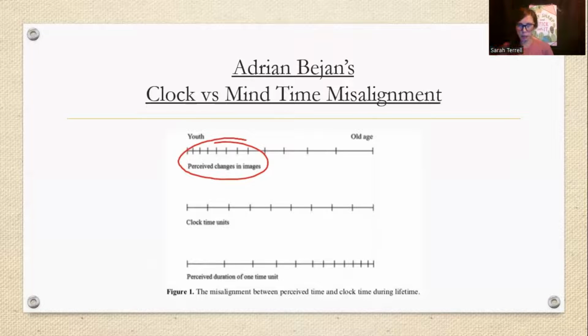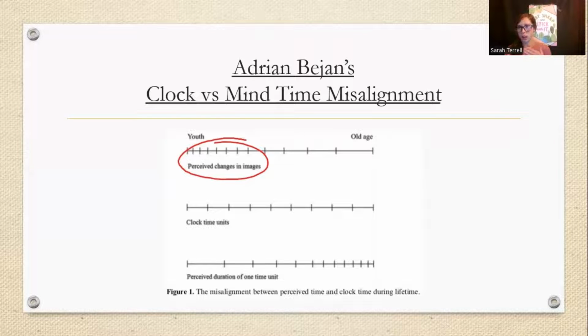What Adrian Bejan is arguing is that in our early youth, we perceive images at a much more rapid rate than we do in our older age. And this makes sense if we think about it, because we're having a lot more new experiences as we are growing up and developing.